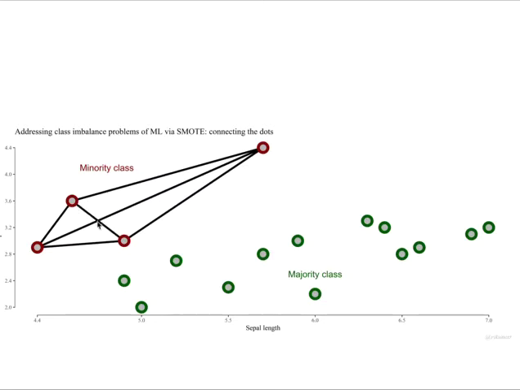It could be one, it could be two, depending on how many samples you want to put in each one. If we were to do one on each line, we're going to get about five new samples, which makes our minority class go from 4 to 9, which is an improvement.